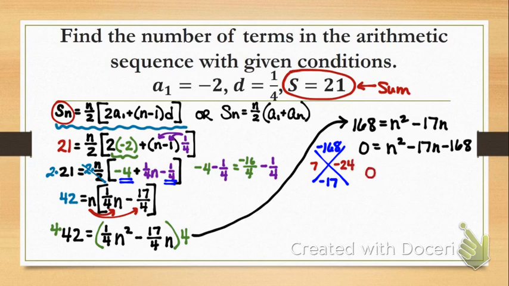All right, so in its factored form, I have 0 equals, not x, n plus 7 times n minus 24. So what are my values for n? Yep, n equals negative 7, n equals 24.